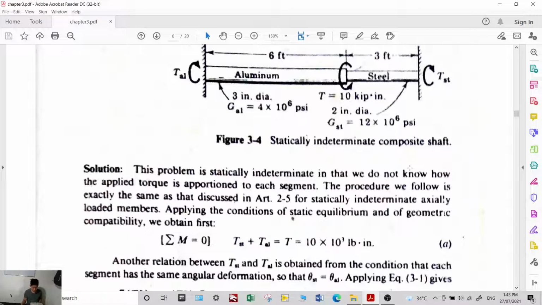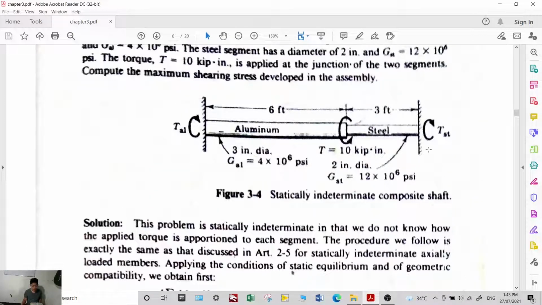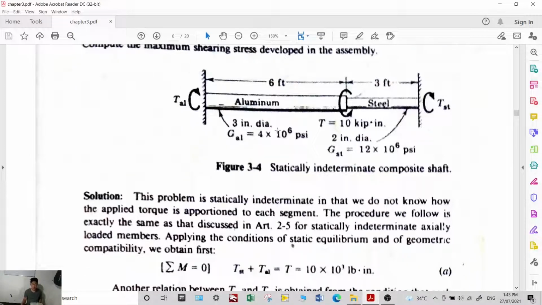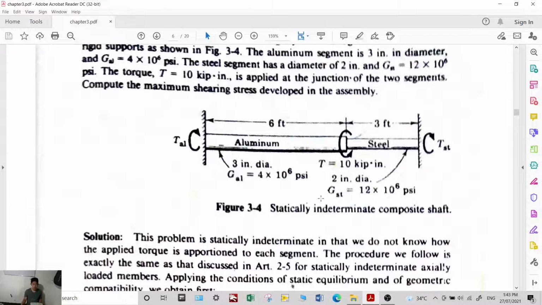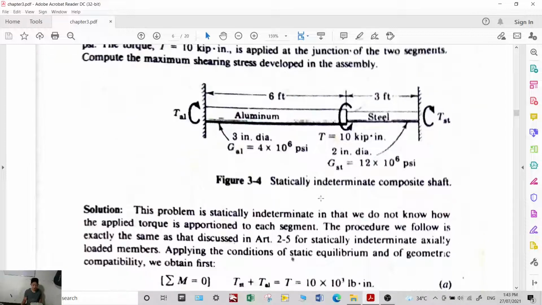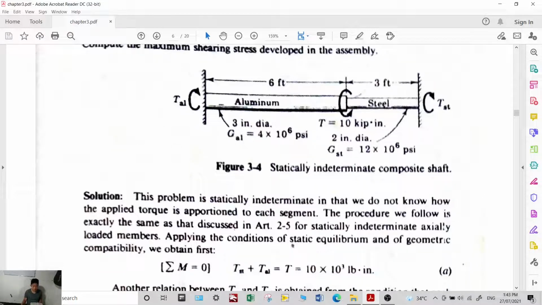So we need to find first the torque experienced by the aluminum and steel shafts. Again, this is a statically indeterminate composite shaft because we can only get one equation out of it, and we have two unknowns. The procedure is the same as discussed in article 2-5.